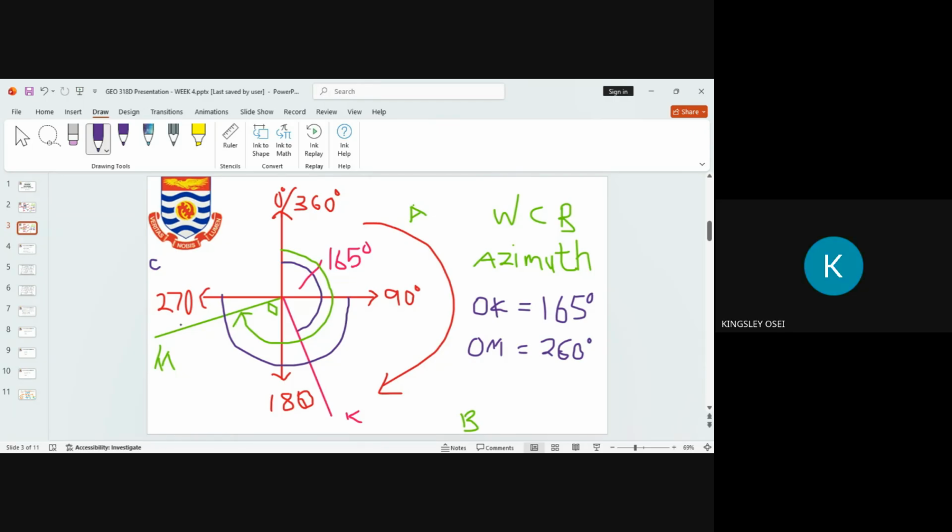Somebody was asking how we use the protractor to get your angles right. I'm saying that your protractor can only give you a maximum of 180 degrees. So when you have a case like this where you are measuring 260, how would you handle it? How would you benefit from the accurate measurement of the protractor?